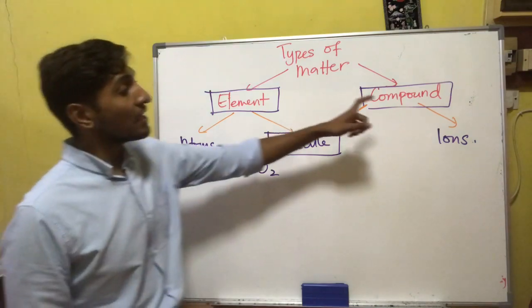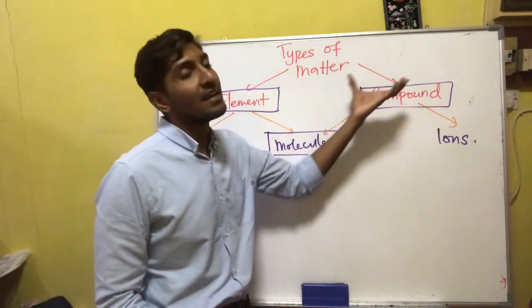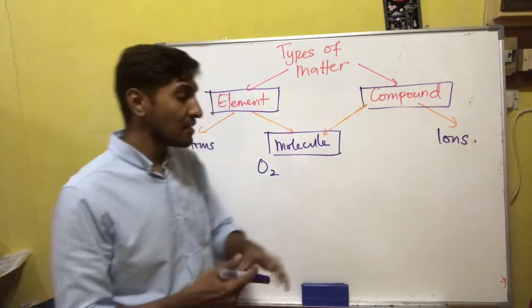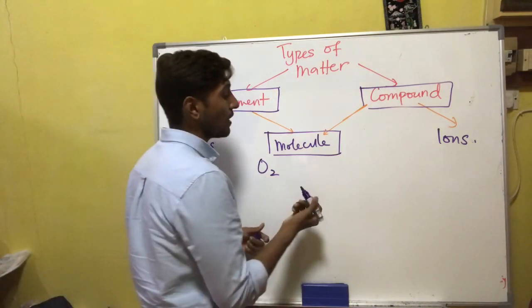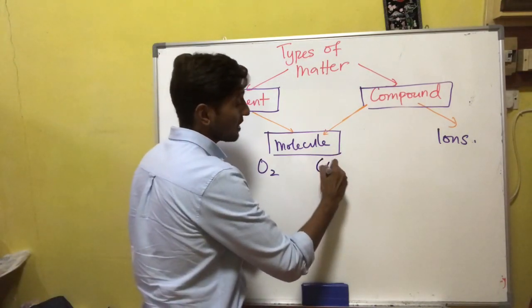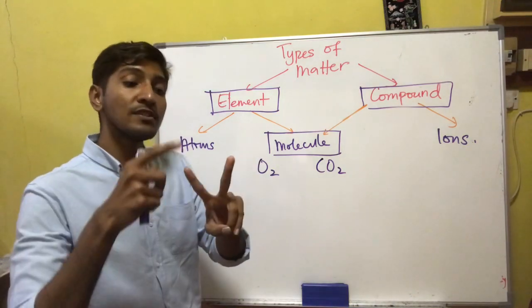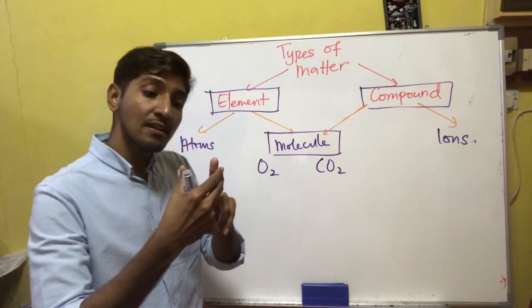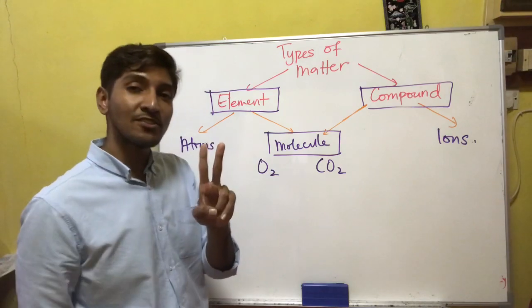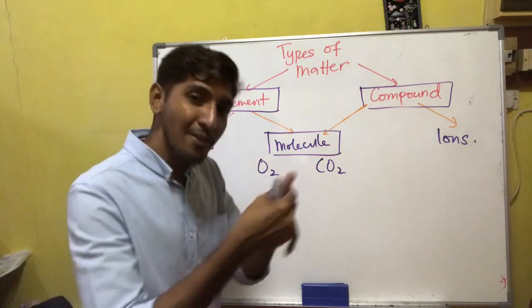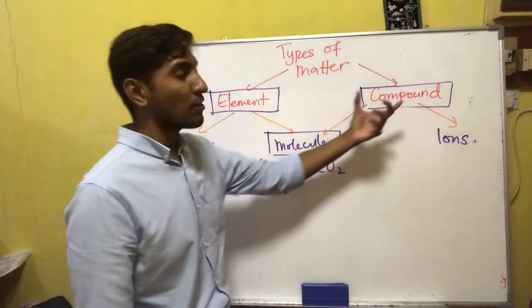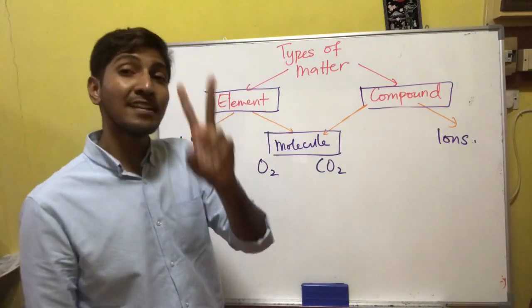But if we're talking about molecules that are compounds, we might be talking about carbon dioxide. So there is carbon and oxygen, two different atoms being bonded to each other. When they are bonded, they form a compound because they are two different atoms.